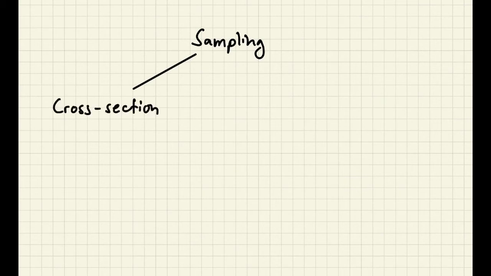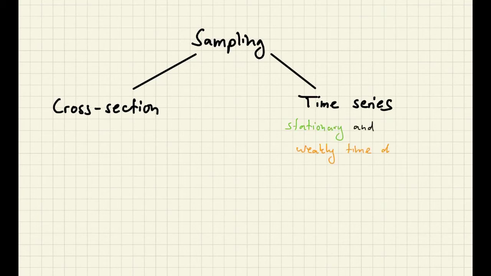Let's compare sampling in a cross-section and a time series. And here we assume that our time series is well behaved, so it is stationary and weakly time dependent. In a cross-section, we use random sampling.